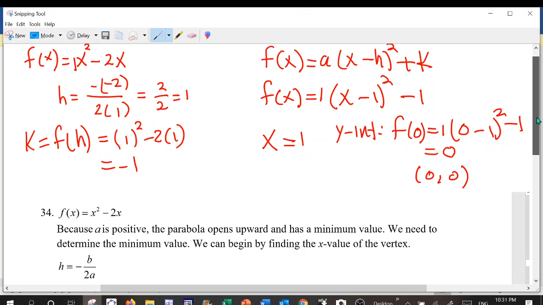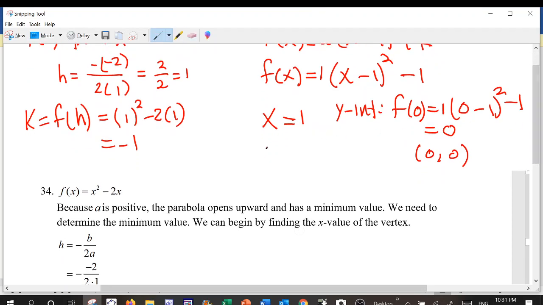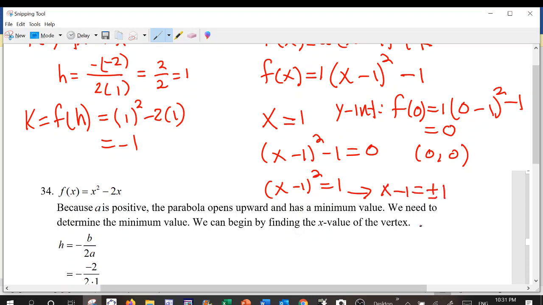Now, what about the x-intercept? Well, the x-intercept is when (x minus 1) squared minus 1 equals 0. So (x minus 1) squared equals 1. We take the square root of both sides. We get x minus 1 equals plus and minus 1. So x equals plus and minus 1 plus 1.